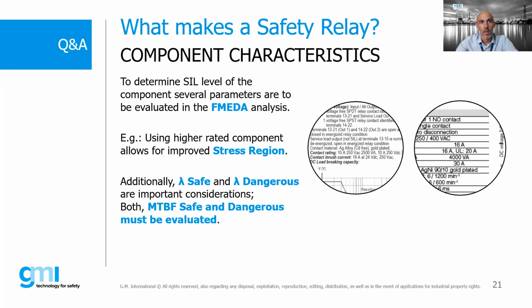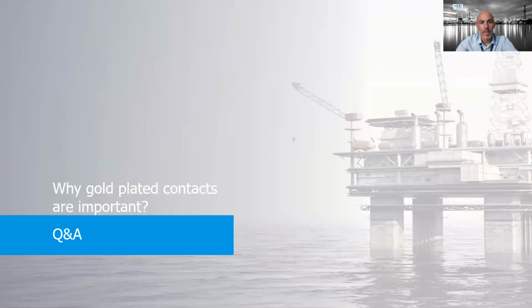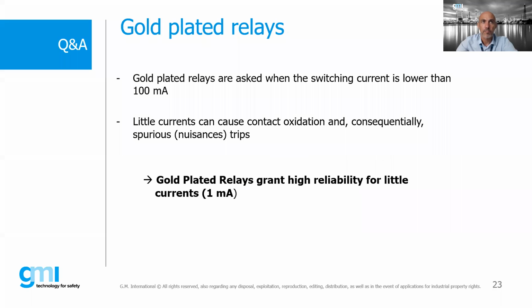Okay, so let's go to another question, which was why gold-plated contacts are important. Gold-plated contacts are really very important when you are talking about a low power load, a current load of 100 milliamps.